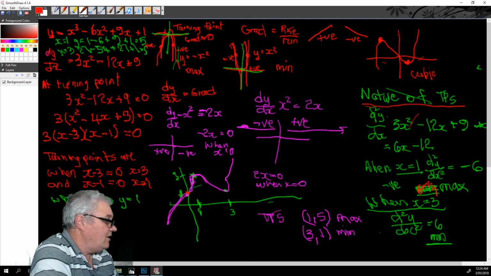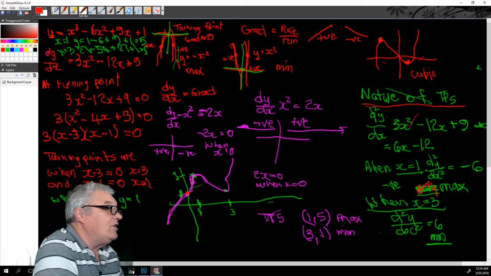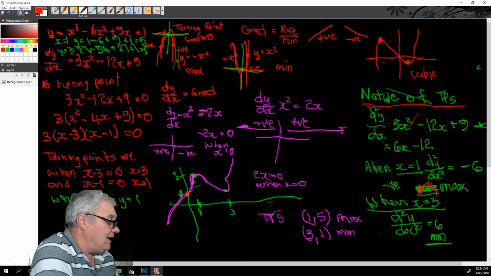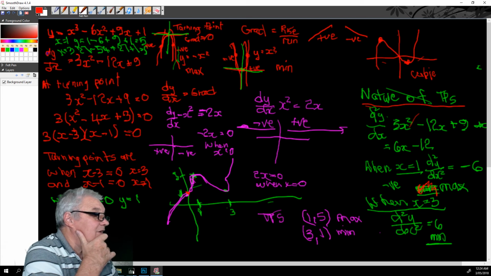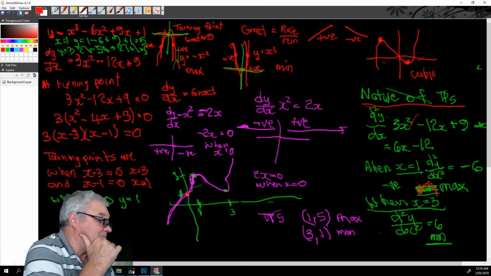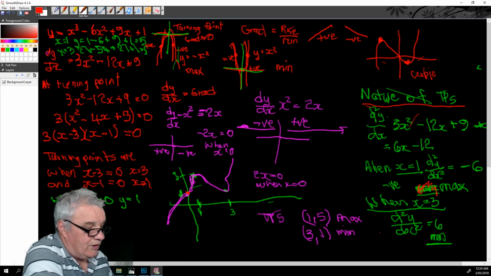Then when x equals 3, we can see that it's starting to go uphill again because it's positive, a positive gradient, and so that tells us that it's a minimum. So that's what's happening, and that enables us to draw the graph.